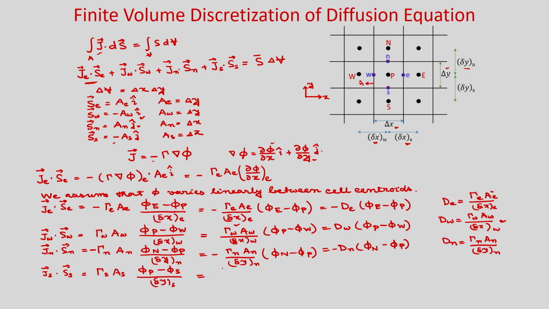So, it will be D_s times phi_P minus phi_S, where D_s is gamma_s A_s by delta y_s.